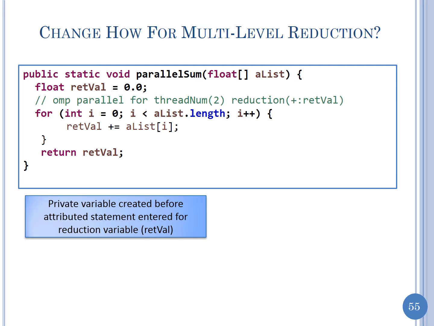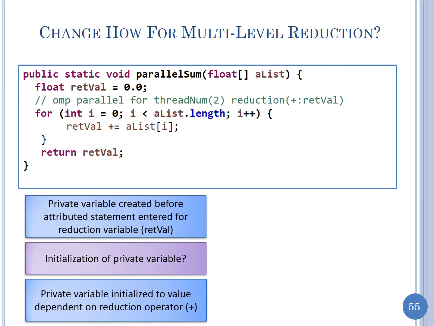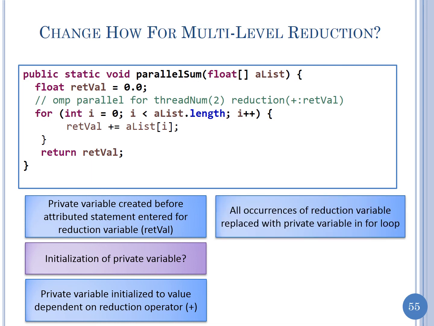Okay. So a private variable is created before the attributed statement is entered, for reduction variable retval. Okay, this is in slow motion. Initialization of the private variable depends on the operation. Okay. So it's initialized with a value depending on the reduction operator plus. Okay.